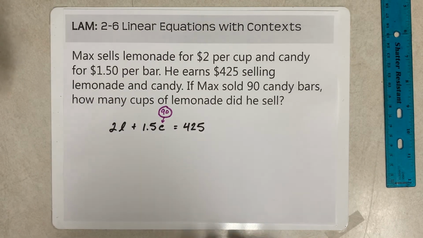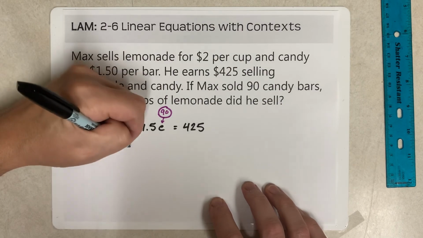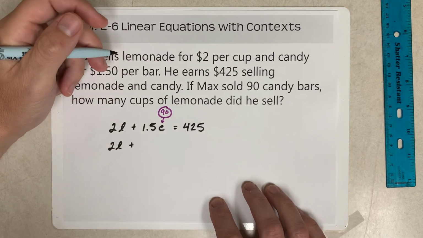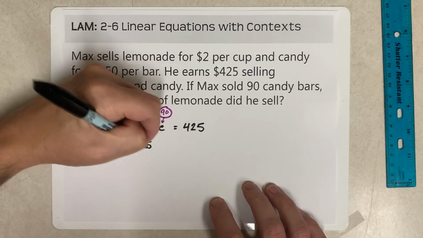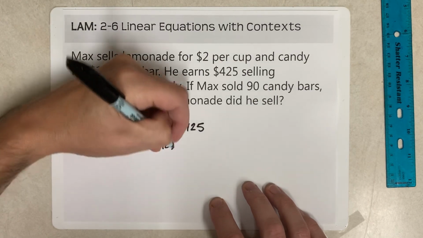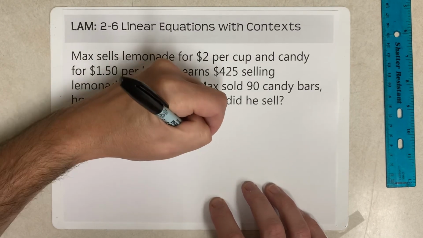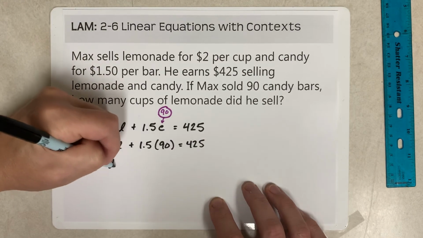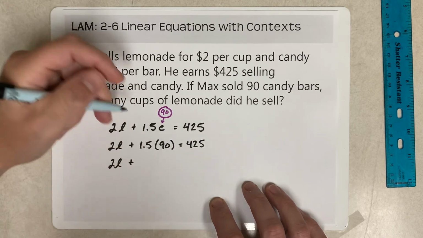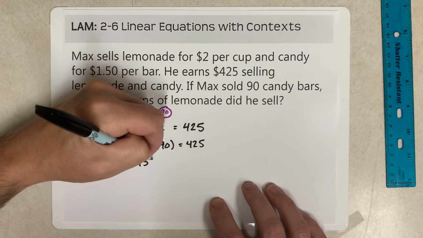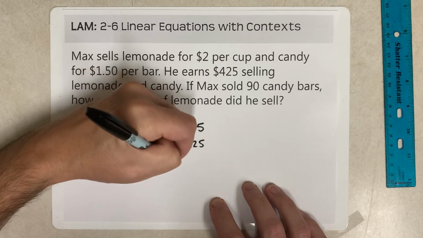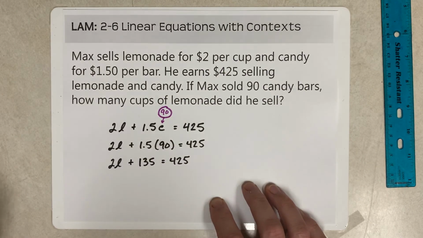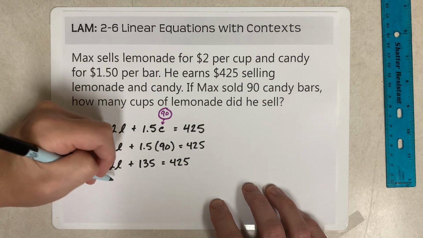And let's see what we got here. 2L plus 1.5 times 90 is equal to 425. All right, so 2L plus 135 is equal to 425. Again, we get the two-step equation, which is pretty common.